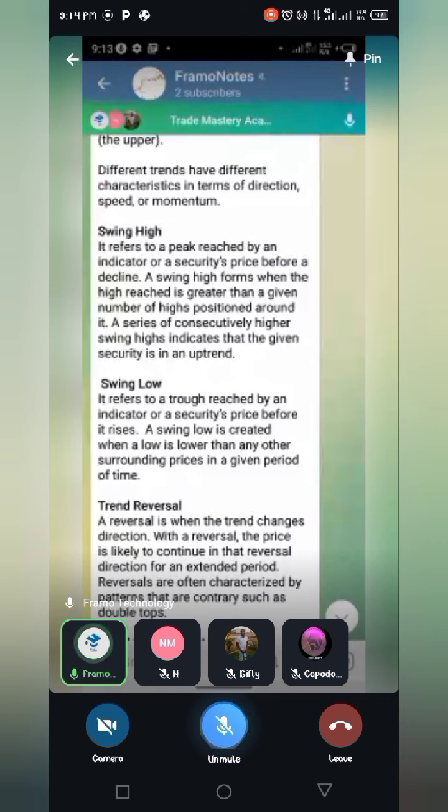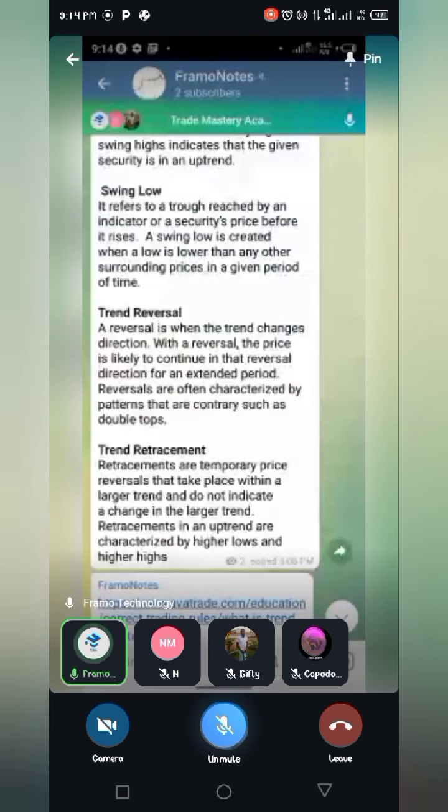Then we have what we call reversal and retracement. Reversal is when the direction changes. So when it changes, it will continue in the new direction for a longer period. That is what is called a reversal. And we will be able to identify a reversal by knowing what?